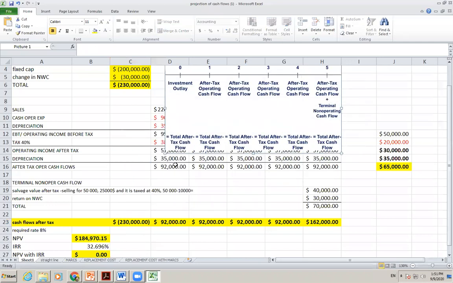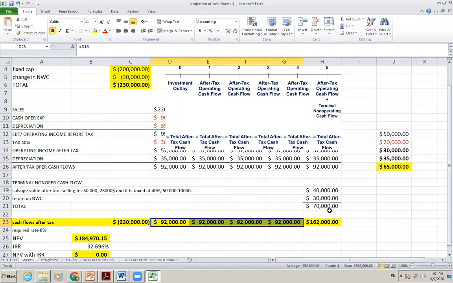Then, after-tax operating cash flow, you're just bringing down until the year when you terminate your project. Because in that year, you have a terminal non-operating cash flow. So terminal non-operating cash flow is 70,000 here, and the cash flow after tax payment is 92,000. So you should add them together, 92,000 plus 70,000.